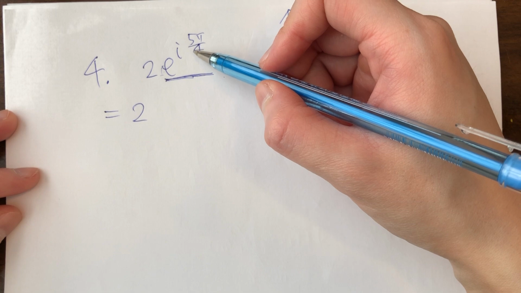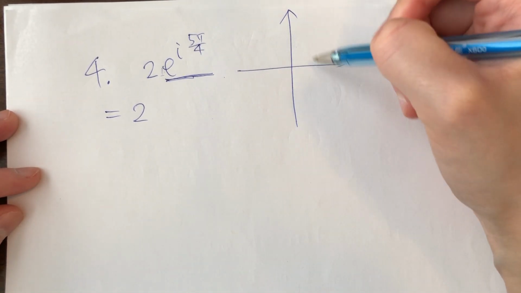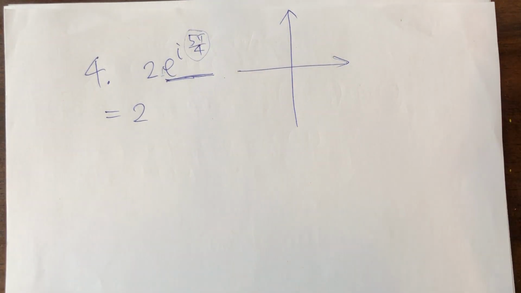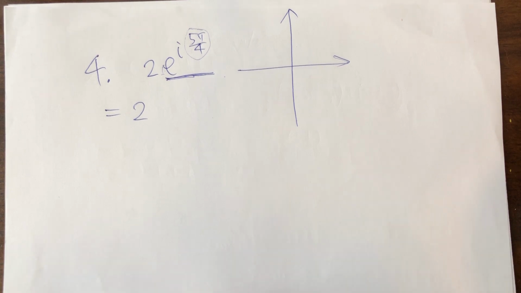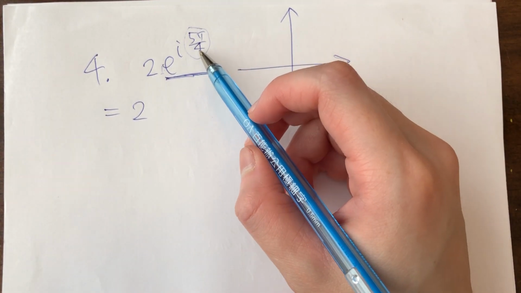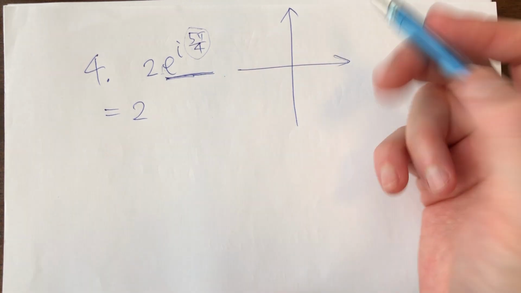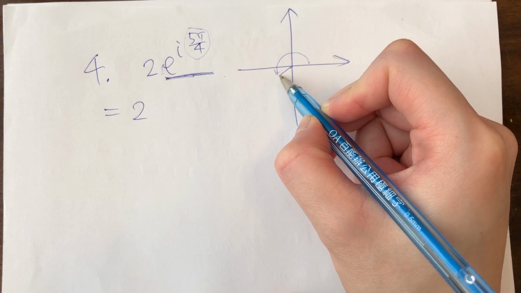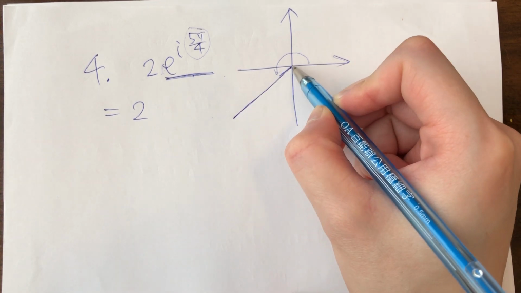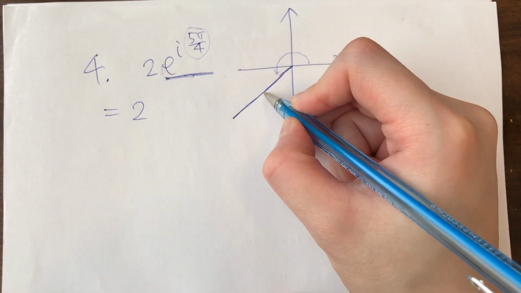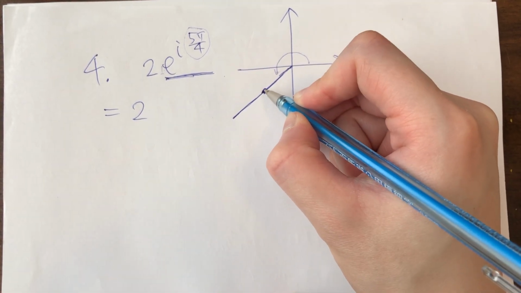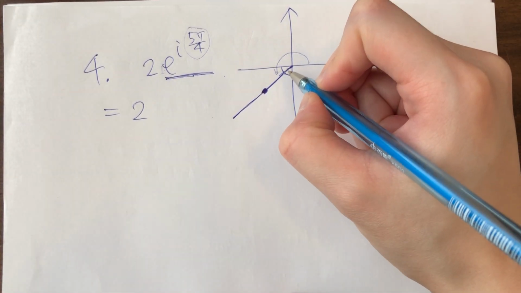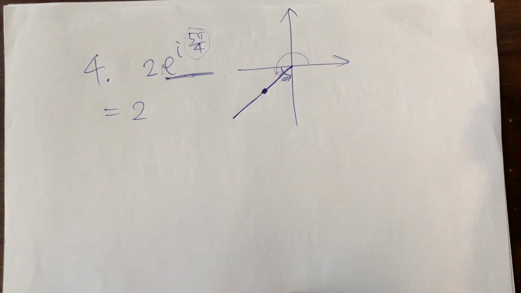It's certainly on the unit circle because the modulus is 1, but then this angle in radians will tell you where it is. So 5 pi over 4 is 1 pi plus pi over 4, so if you go this way, it should be along this line, and we know the modulus is 1, so from here to the origin is a distance 1, right? And these are 45 degrees.